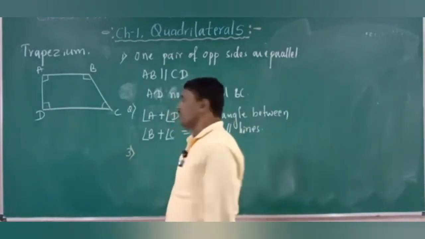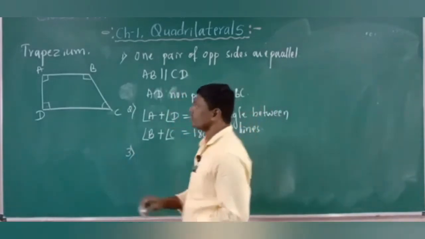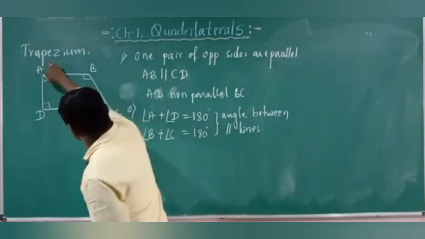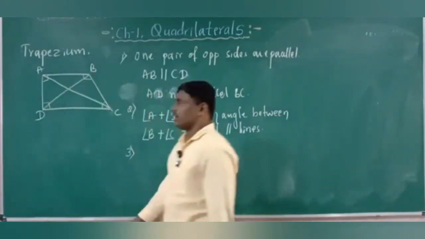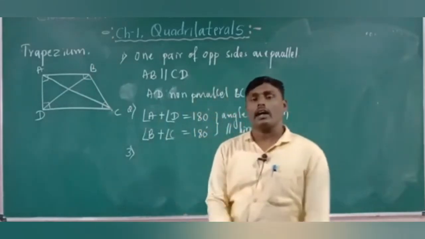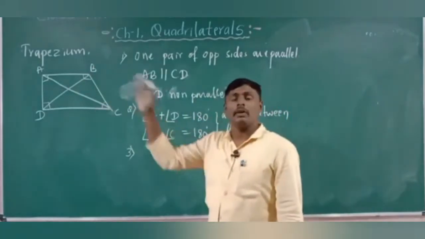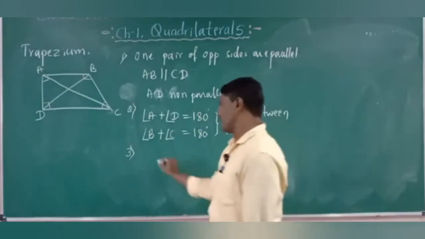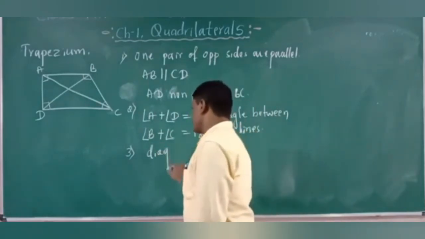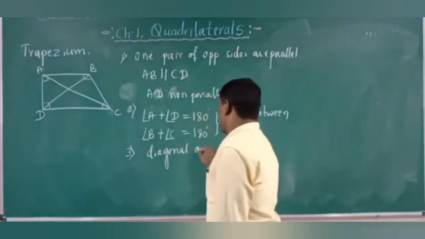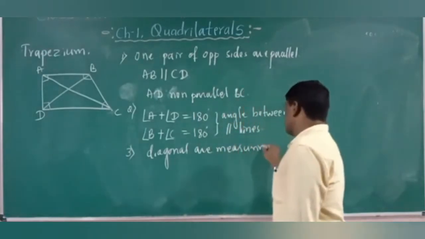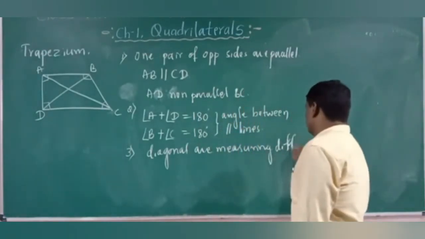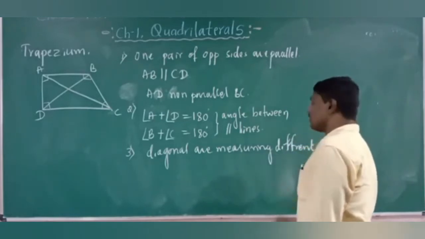Next, third one. Here AC is the first diagonal and DB is the second diagonal. In a trapezium, the lengths of the diagonals are different. The two diagonals are measuring different lengths.